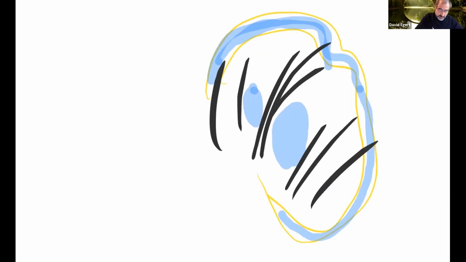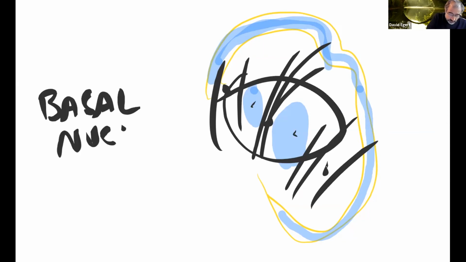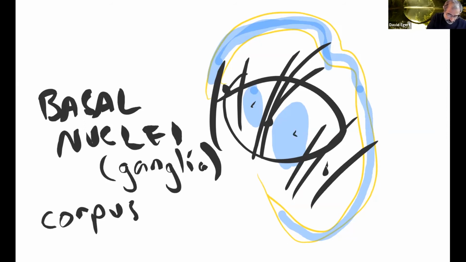So you've got this thing where you have white, gray, white, gray, white. Sometimes the term for these is the basal nuclei, or again, improperly but commonly, basal ganglia. Sometimes it's called the corpus striatum.